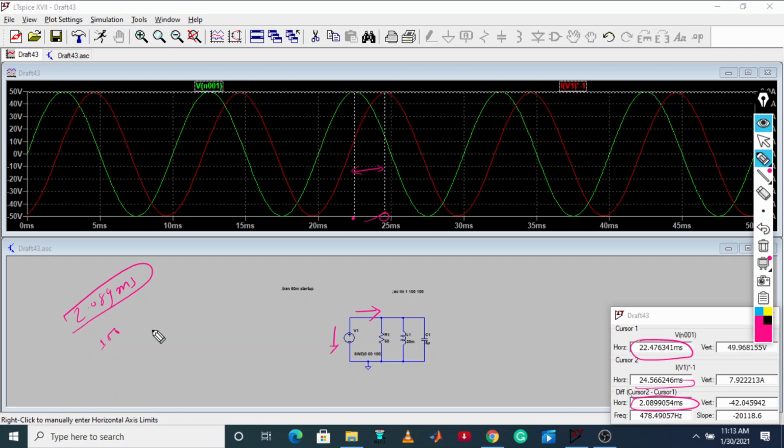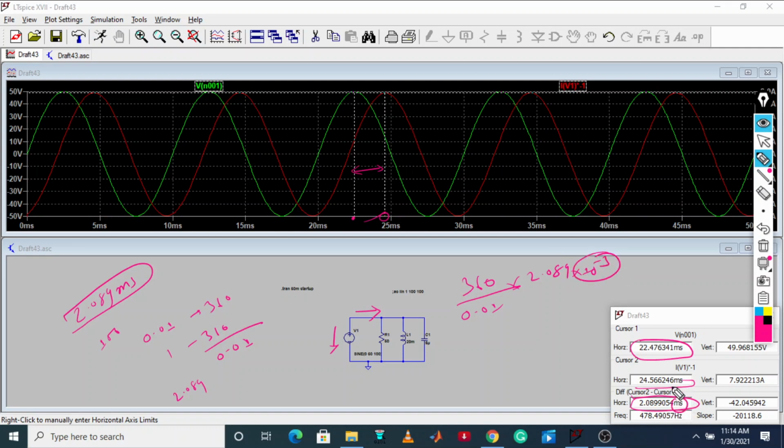Now 360 degrees corresponds to 0.01, and for 2.089 milliseconds it will be 360 by 0.01 into 2.089 into 10 to the power minus 3, because this is in millisecond.